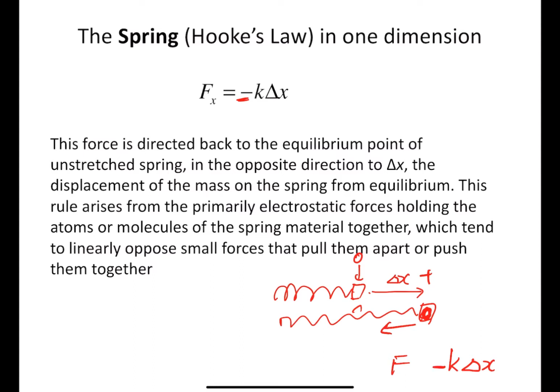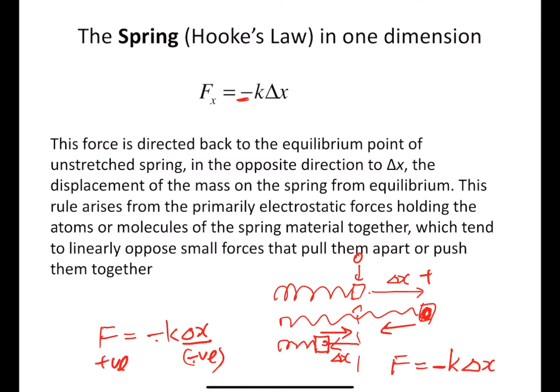So the force and the displacement are proportional, but opposite. Now, how about this time you compress your spring? Because you measure from here, your delta x this time is negative. You measure to the negative side. But the force is positive. You push back to the positive side. So again, minus k delta x, if delta x is negative, the force will be positive.